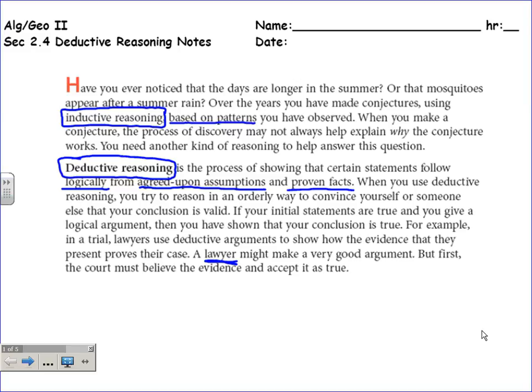Okay, why don't you share with the person next to you some of your thoughts on inductive and deductive reasoning, just the differences as we go along.